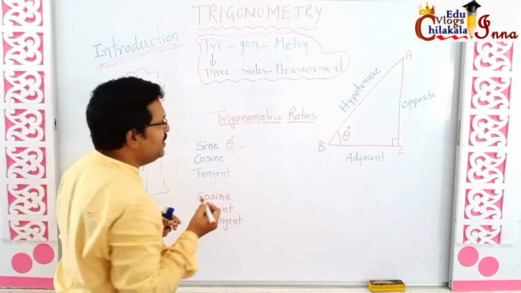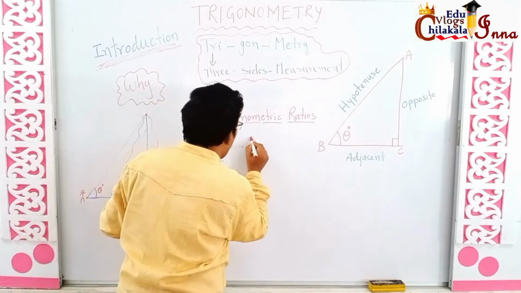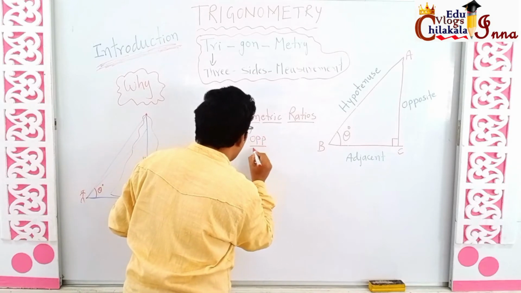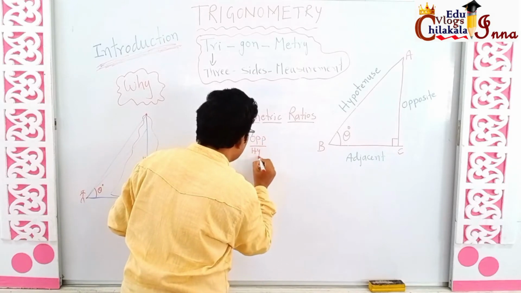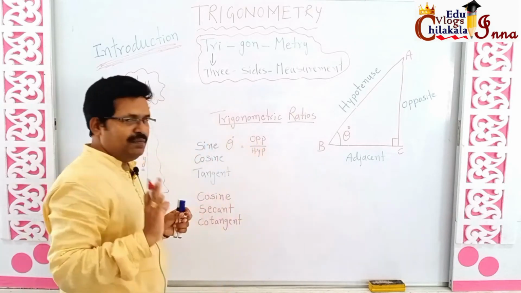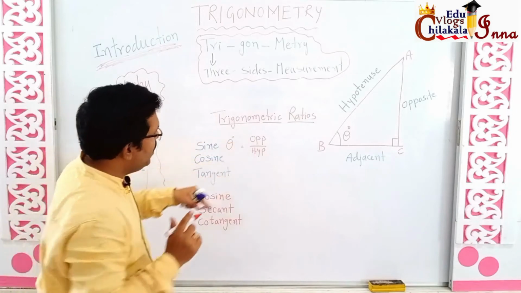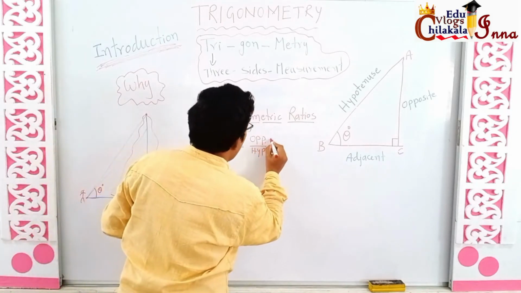Sine of theta is opposite by hypotenuse. That's simple. You should remember only this much. Opposite side by hypotenuse. So where is the opposite side?